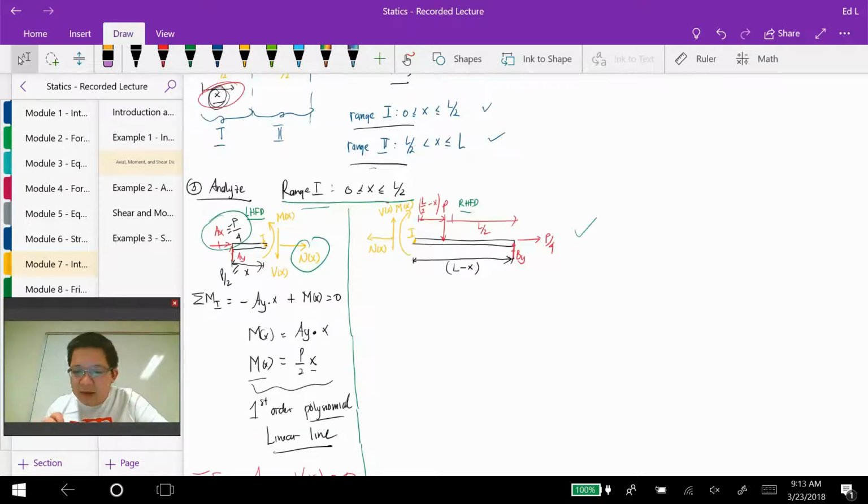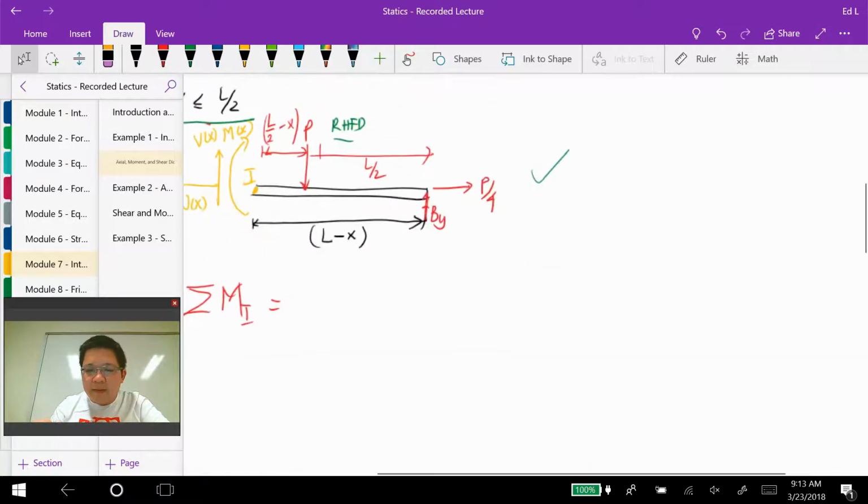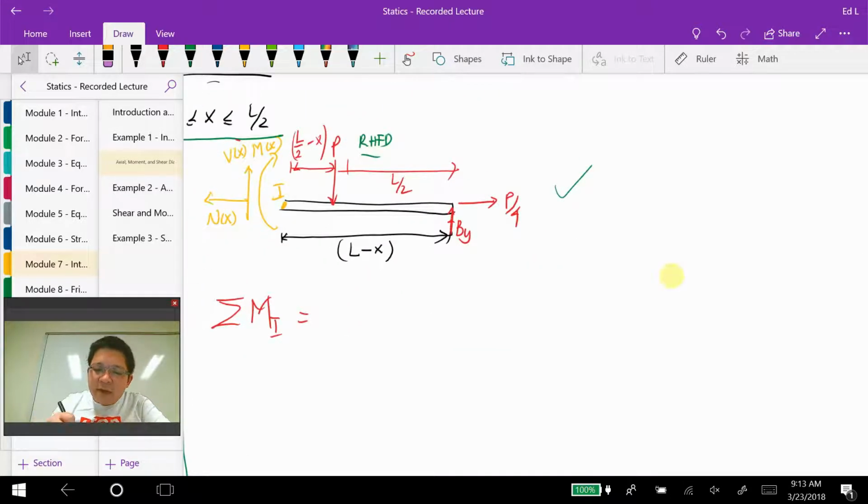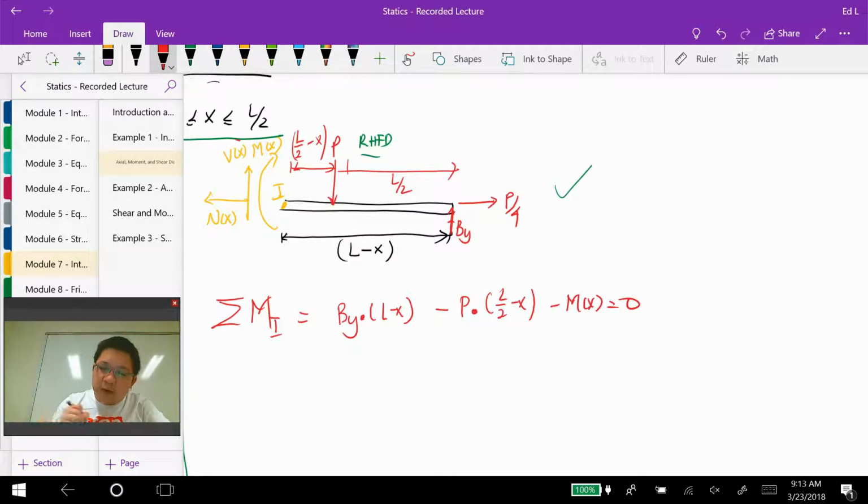So let's do the sum of the moment at I in the right hand free body diagram. I have By times L minus x, then I have minus P times L over 2 minus x, then I have minus M of x.